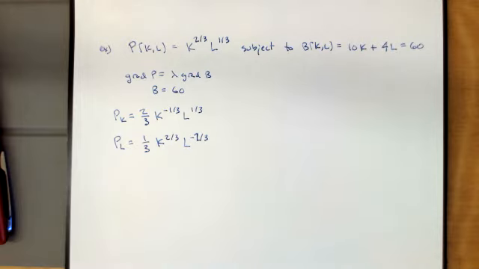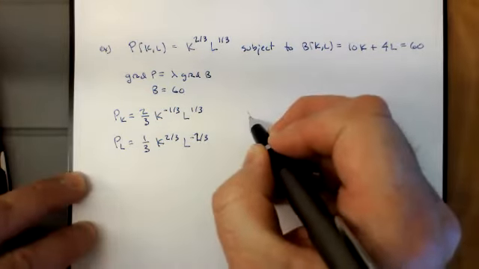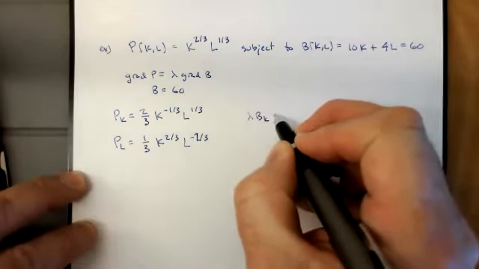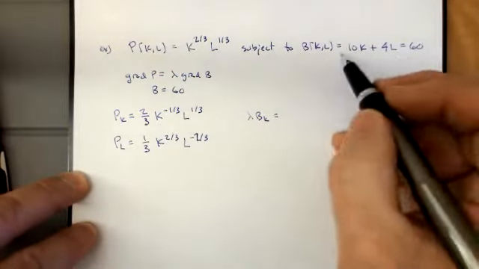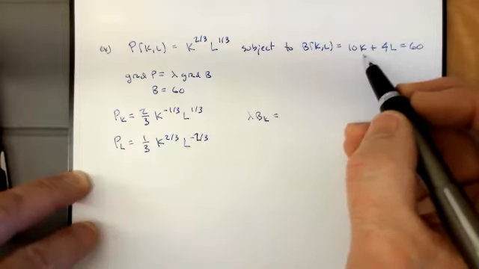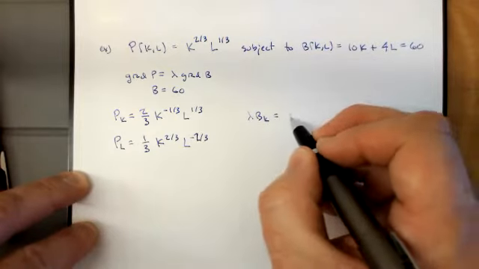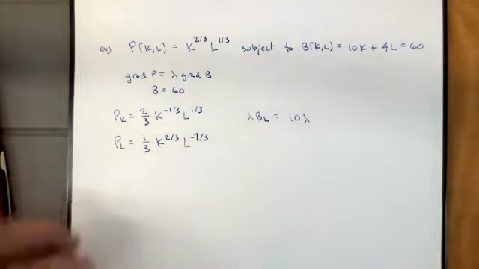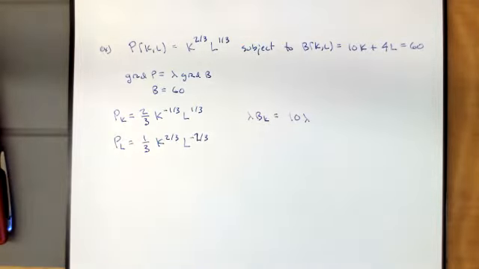I also need lambda times the gradient of B. So I need lambda times BK. The derivative of B with respect to K is just going to be 10. I still have the lambda, my Lagrange multiplier.